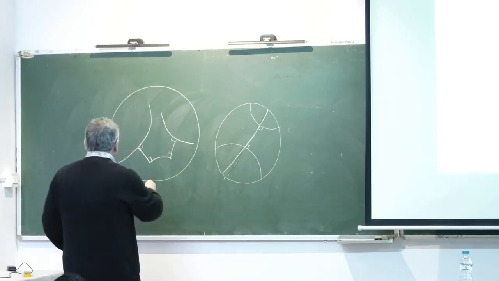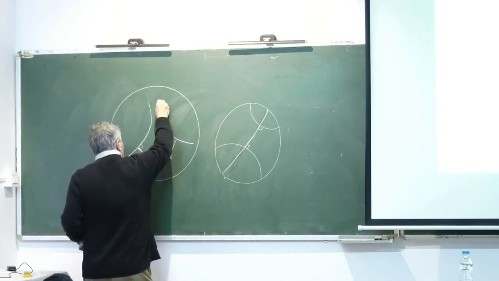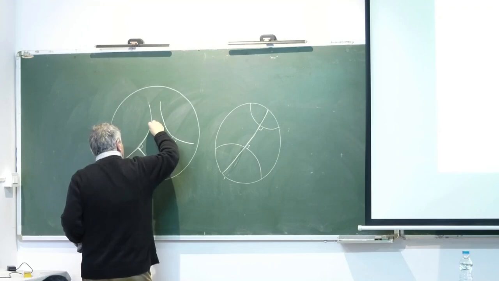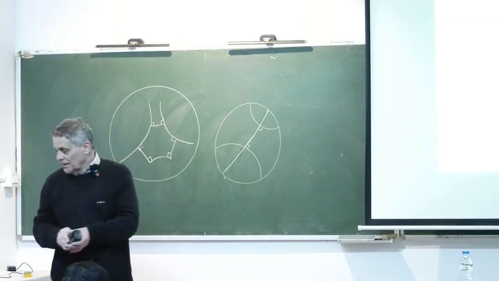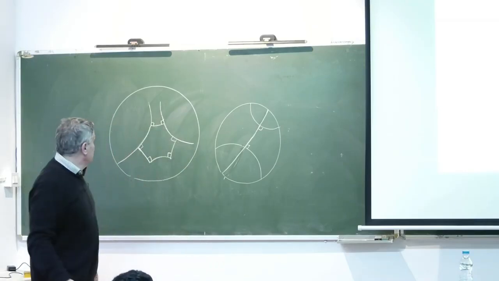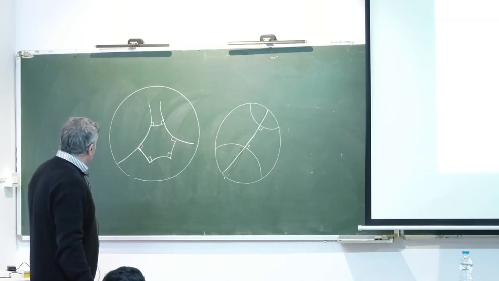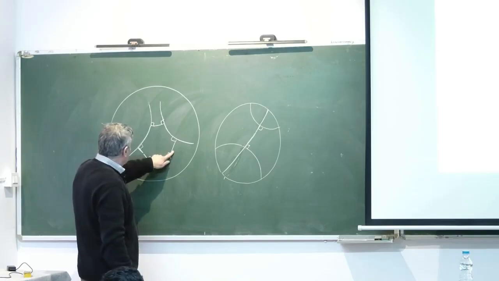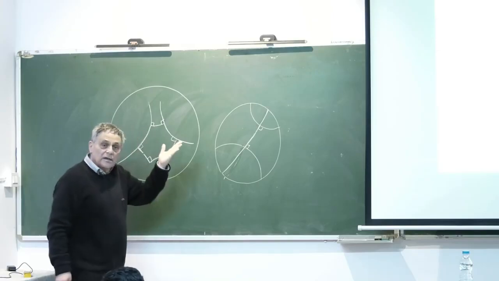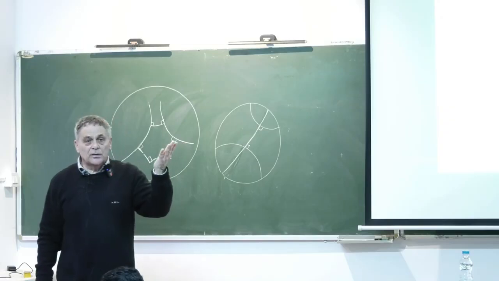So here these two sides have a unique geodesic joining them. And so these three sides determine uniquely the right-angled hexagon, right?